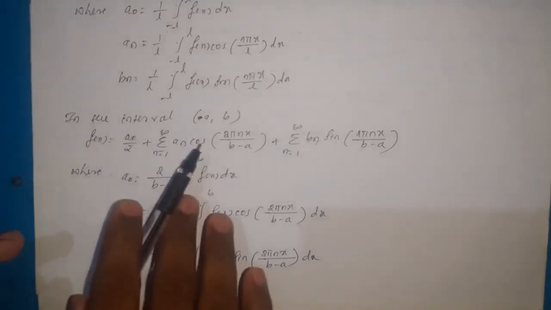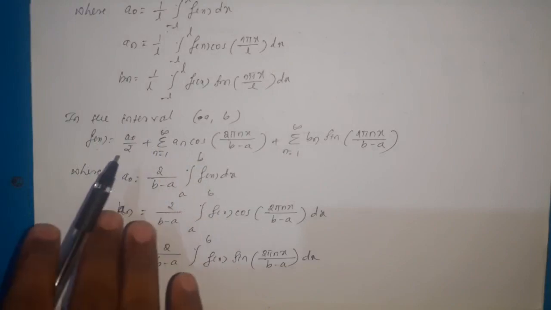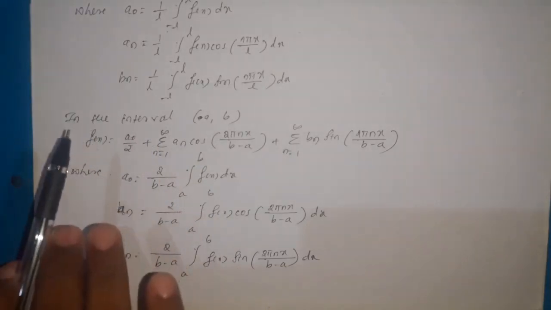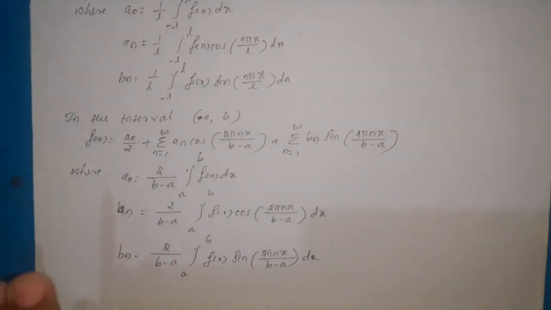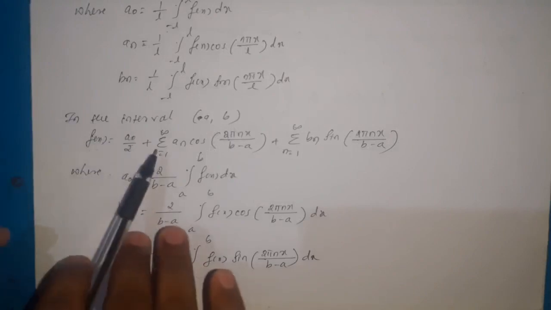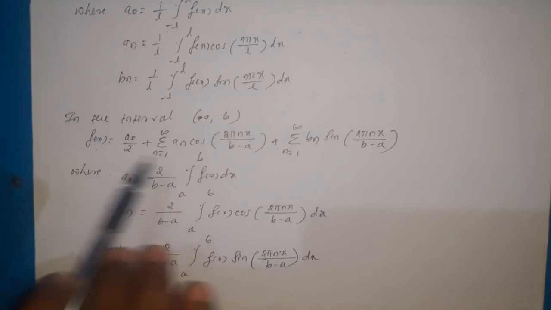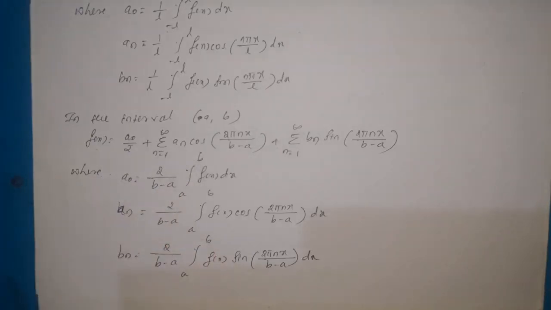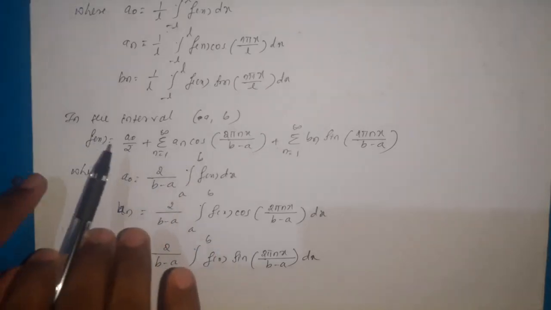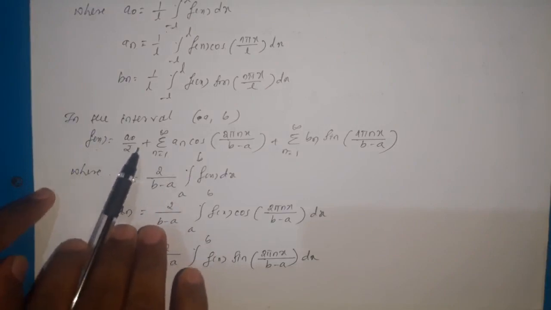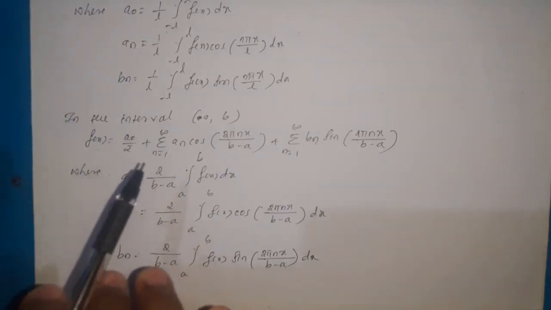This formula is applicable for each and every interval. So therefore better to remember this formula only, because if you remember this formula, just by substituting the values of a and b, we can write the Fourier series for every interval. So therefore this is the general formula or generalization of the Fourier series.